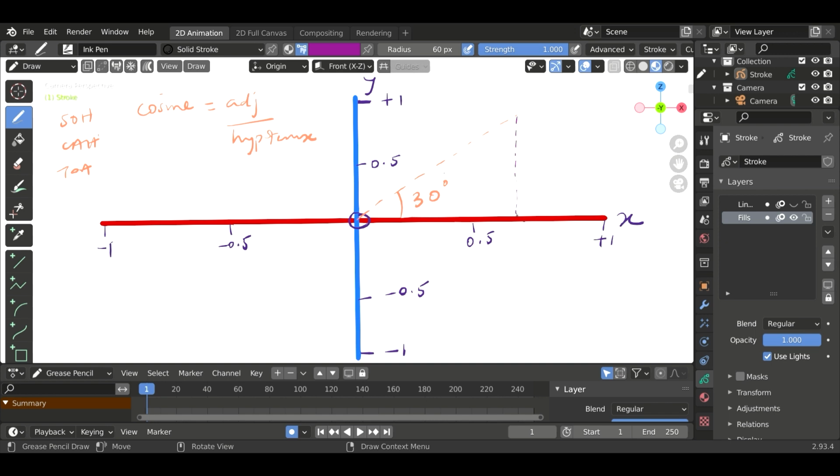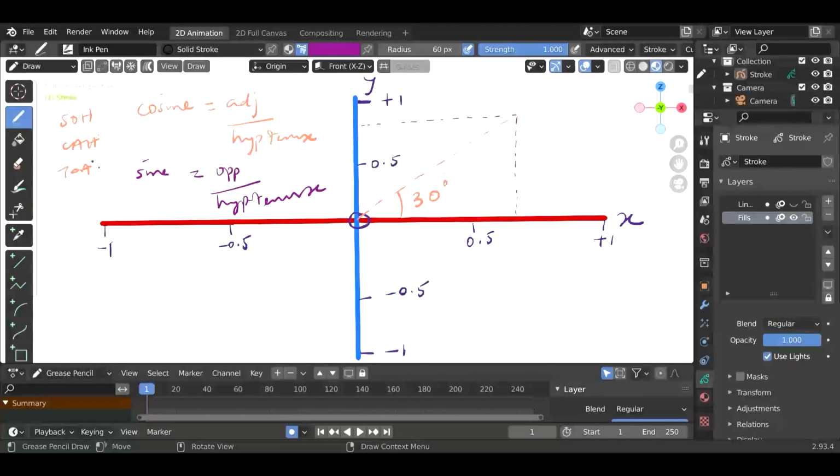If you want to find the sine of 30 degrees, sine equals opposite over hypotenuse. Basically, in order to read cosine, you use your x-axis, and to find the sine of an angle, you use your y-axis.